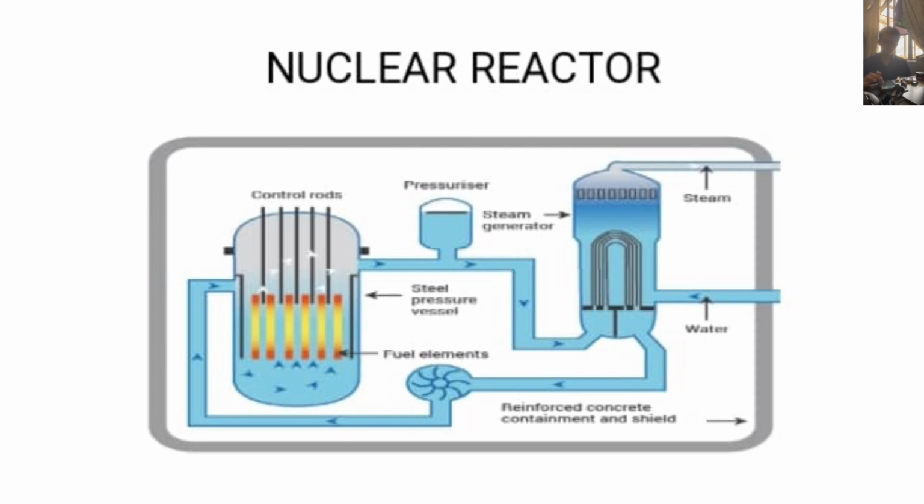The first is the nuclear reactor, the device that initiates and controls a sustained nuclear chain reaction. The reactor contains the nuclear fuel, usually uranium or plutonium, in the form of rods or pellets.